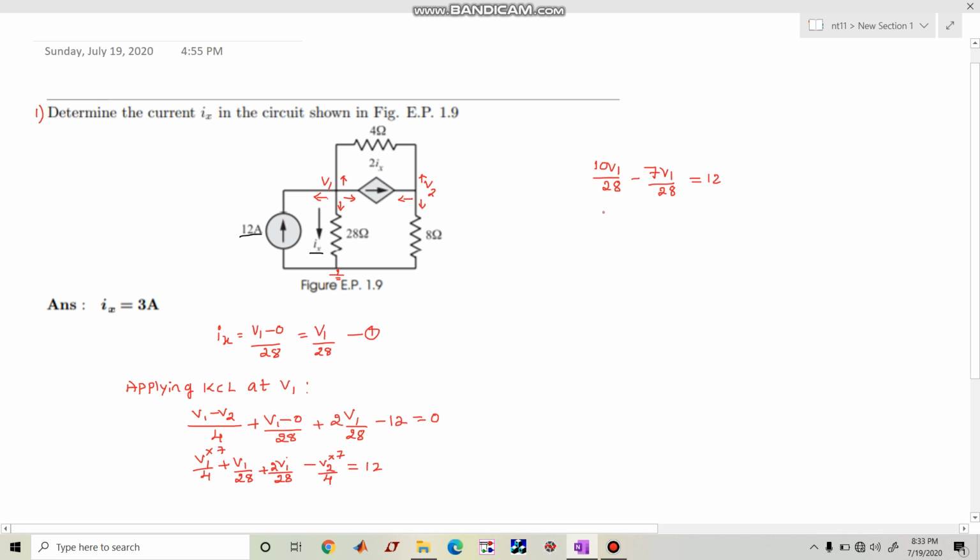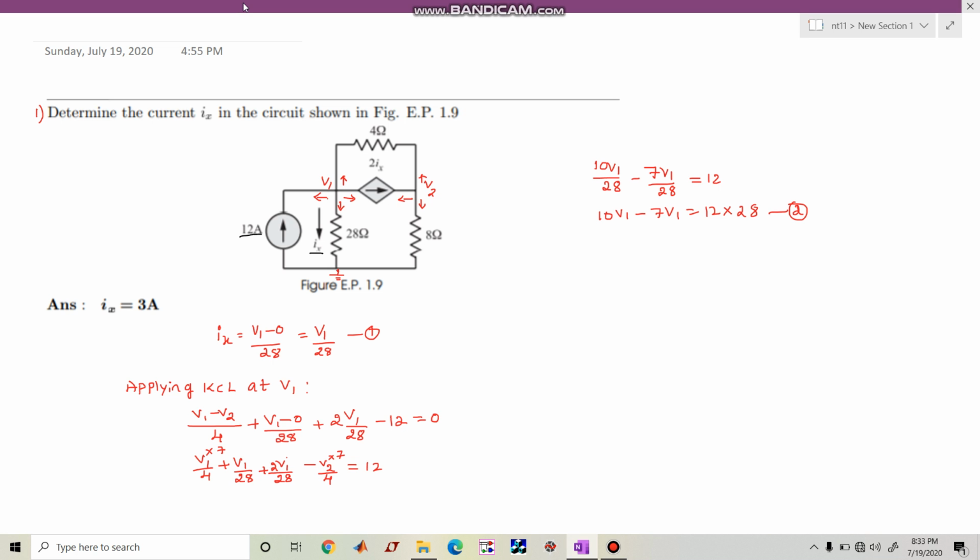Now I can take 28 to the other side, and we can write it as 12 into 28. I will write this as equation number 2.